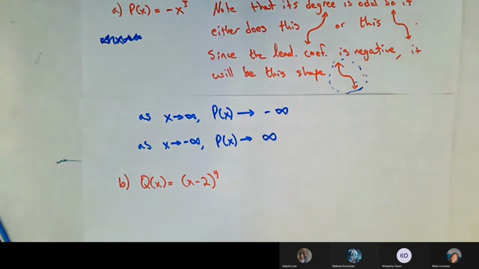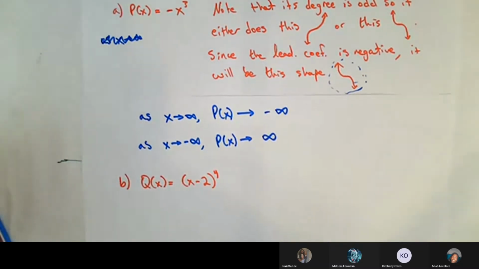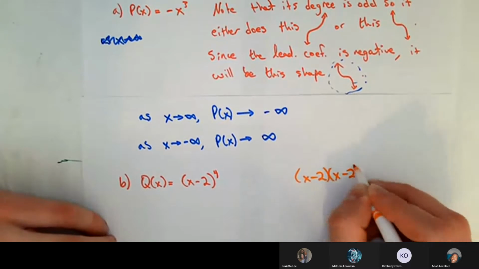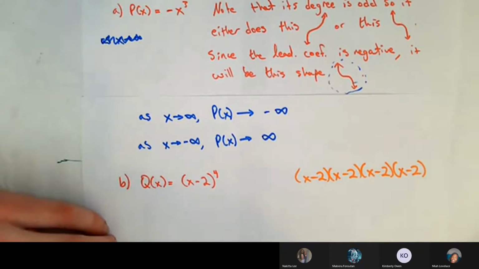Kimberly, what do you think we could do to find the leading term of this? Would you unfactor it? Yeah, multiply it out. You could. I'm just going to go ahead and give away the trick: you don't have to, but you could multiply this all out, which would take about 10 minutes to do, not really that long, but it would take a while.